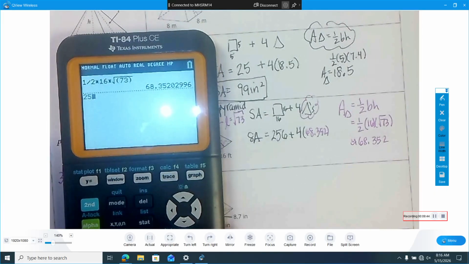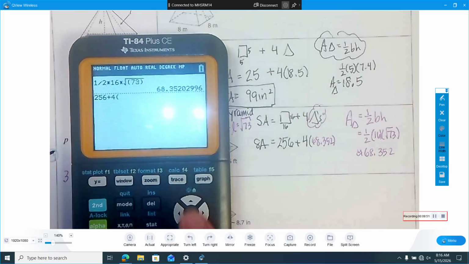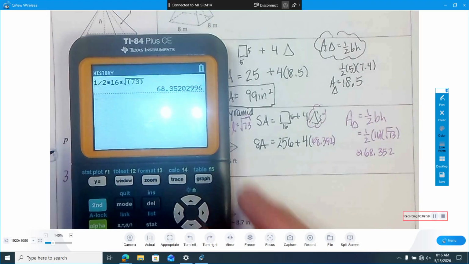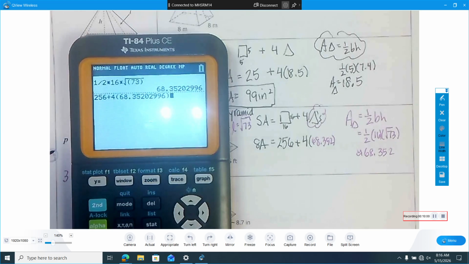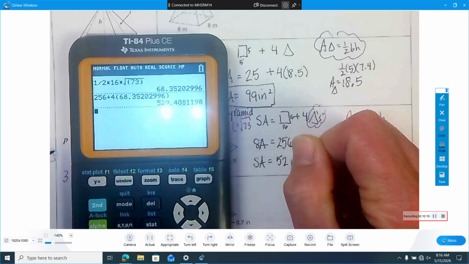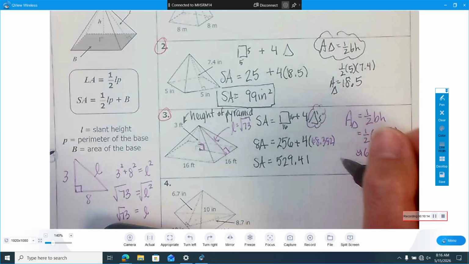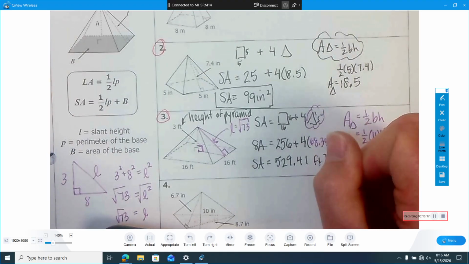I encourage you guys, do not round. Delta Math will get you every time for rounding off. Instead go up and highlight and hit enter, and it'll grab the whole decimal for you and bring it down to get a very nice answer, one that doesn't have a ton of round off error. So 529.41 if we round to the hundredths place. That would be feet squared.